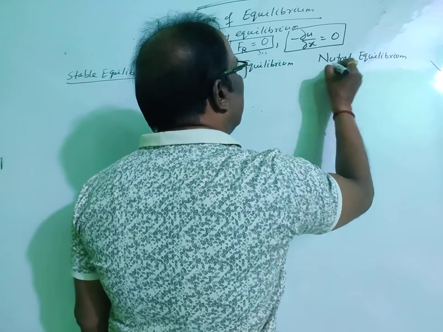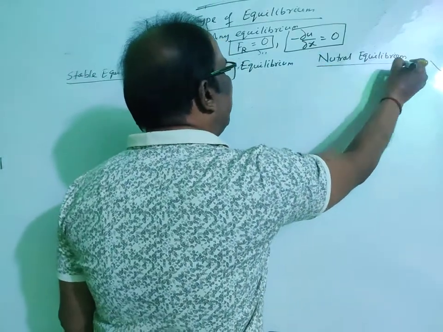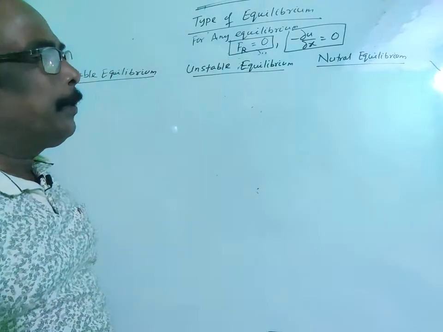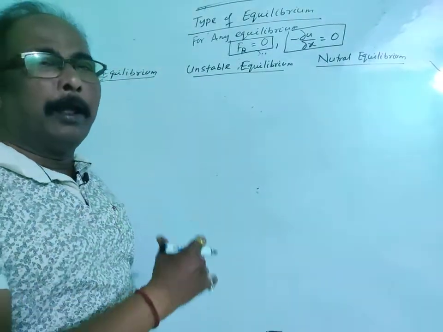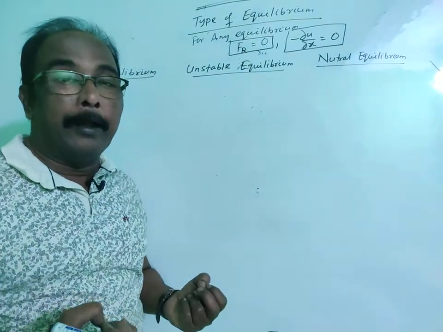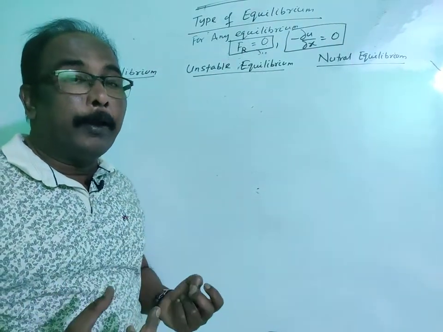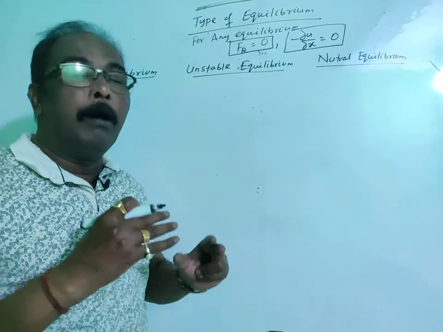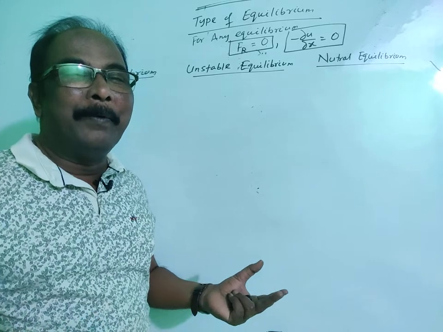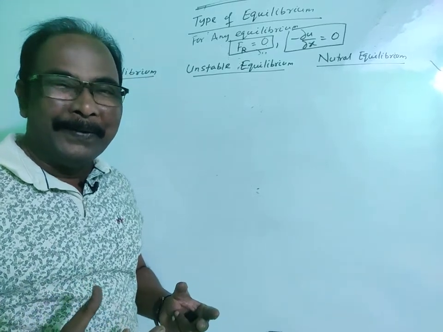These are three types of equilibrium. We will study how we decide whether a body is in stable, unstable, or neutral equilibrium position.